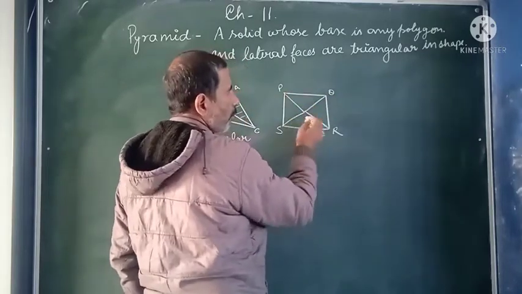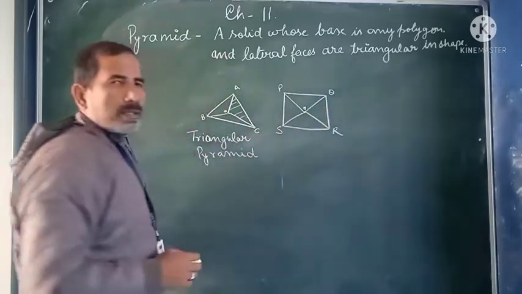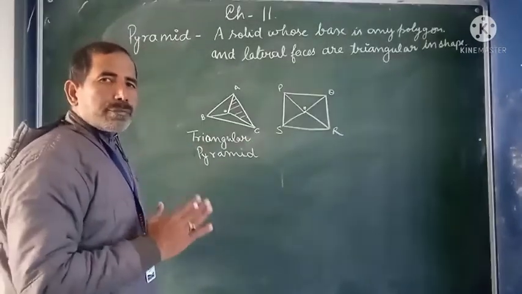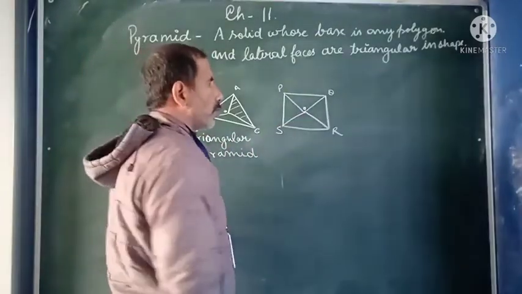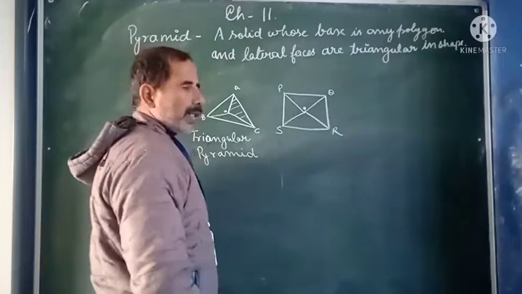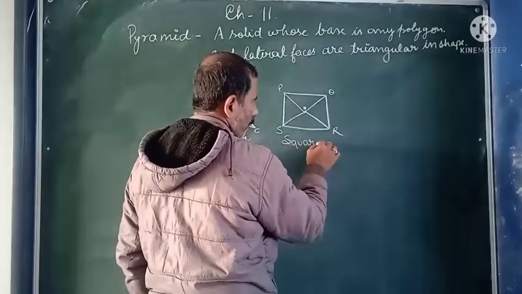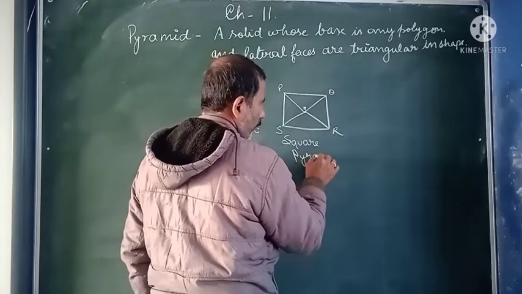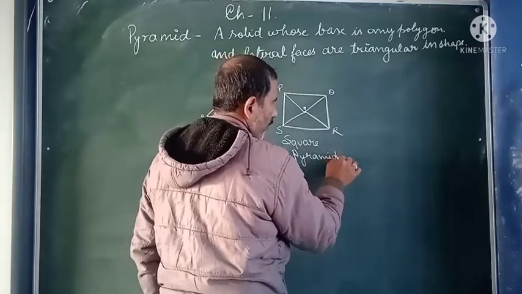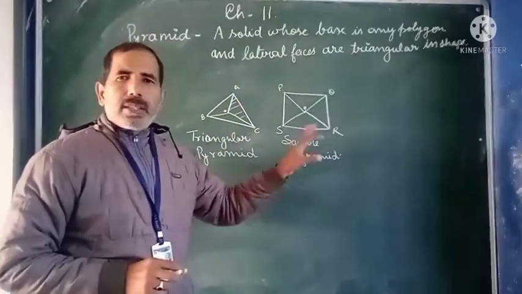Now you see from all 4 sides the 4 triangular faces are kept, so they meet each other at O. So this type of pyramid is called square pyramid. So it's clear the name of the pyramid is given by the base.